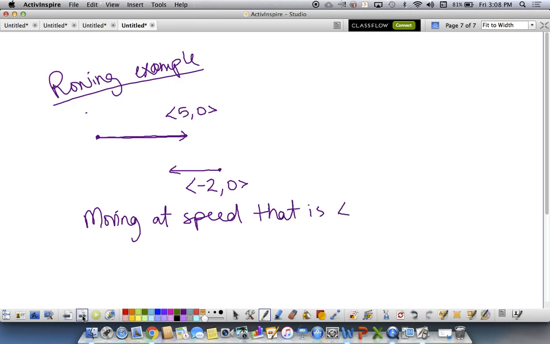If we were putting it in vector form, adding these two together, 5 plus negative 2 would be 3. 0 plus 0 would be 0. So they're actually moving at a speed of 3 miles per hour. It means you're not going near as far as you should be. Get on a different river or different lake. That's my advice.